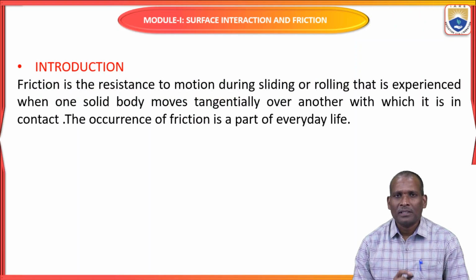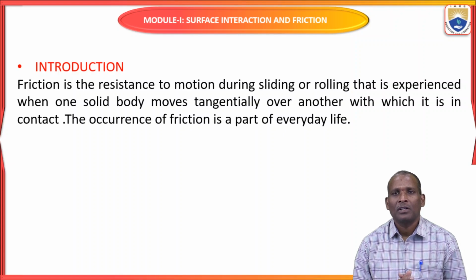The friction definition is: it is the resistance to motion during sliding or rolling that is experienced when one solid body moves tangentially over another. Whenever one body moves on another body, there is some friction between these two surfaces.